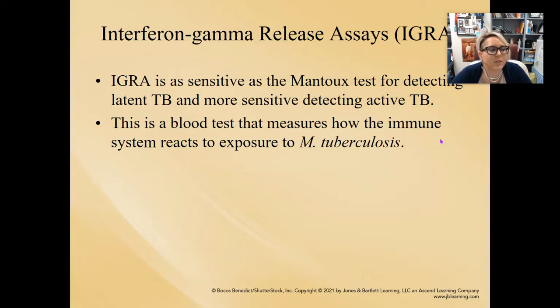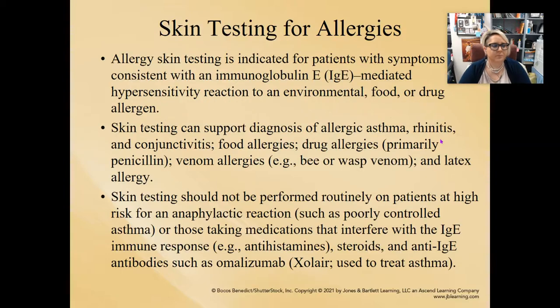You can do the interferon gamma release assays. That's the IGRA, which is as sensitive as the Mantoux test for detecting latent TB and more sensitive for detecting active TB. That's the blood test that measures how the immune system reacts to Mycobacterium tuberculosis.